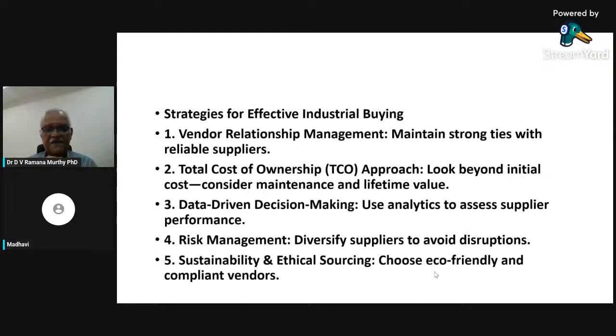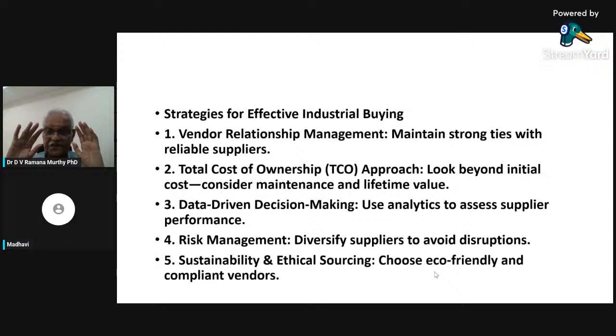Fourth, risk management is another strategy. Please note there are suppliers and suppliers. So diversify suppliers to avoid disruptions. Don't stick to one supplier in the name of uniformity, in the name of reliable supplying, or whatever you call it.